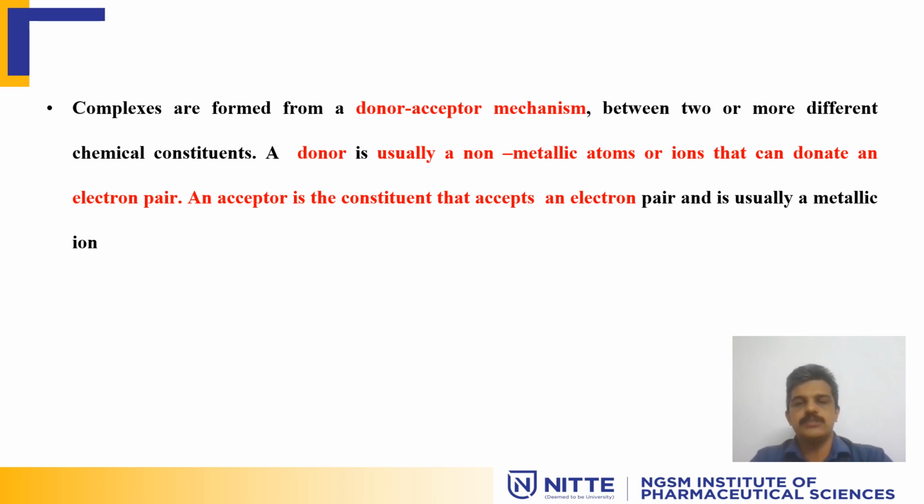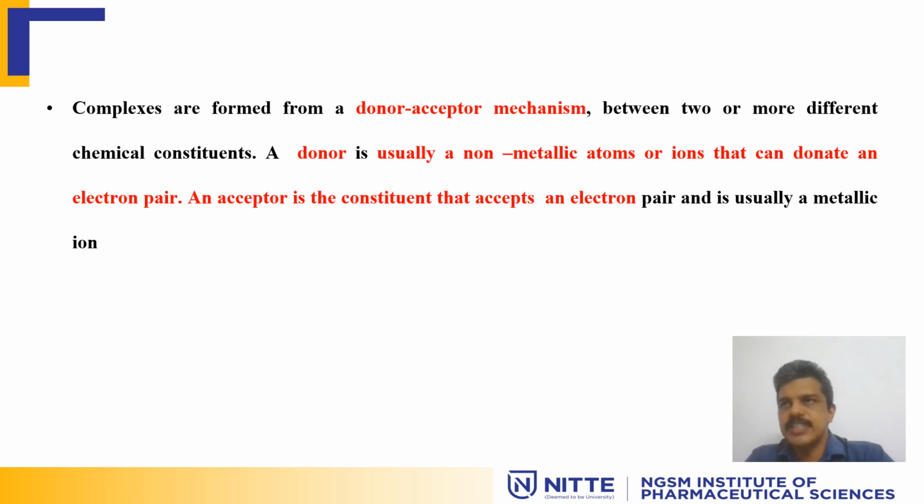An acceptor is usually a metallic ion which has a tendency to accept the electron pair. So complex formation, in other words, is an interaction between donor and acceptor. The metal ion acts as an electron acceptor and the non-metallic ion acts as an electron donor.